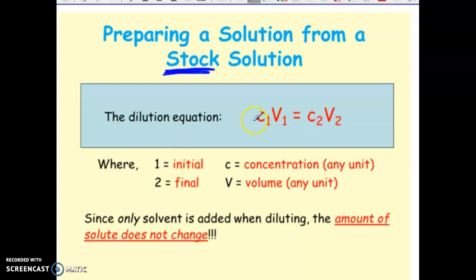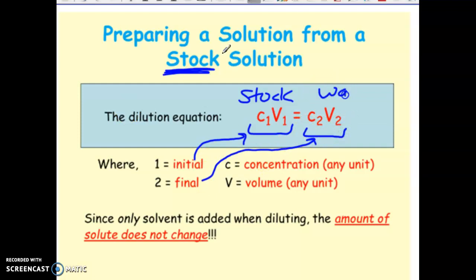The number ones are your initial values, usually from your stock solution. The C2 and V2 are the numbers from the final solution, the solution that is desired, or the dilute solution. Now when we're plugging numbers in, you have to remember that the key is your units have to be consistent.